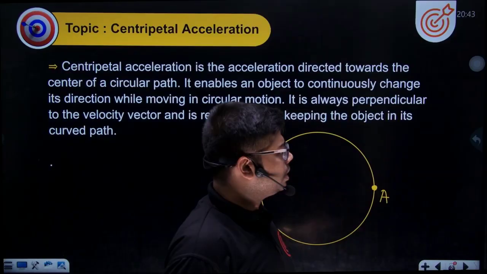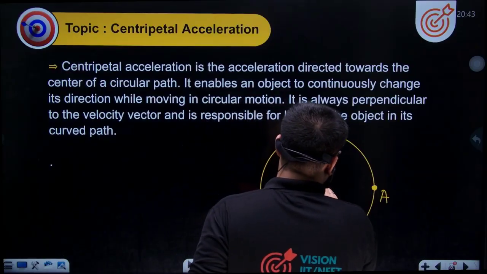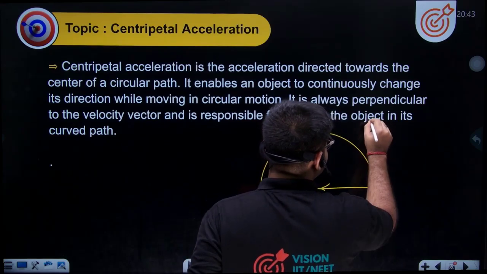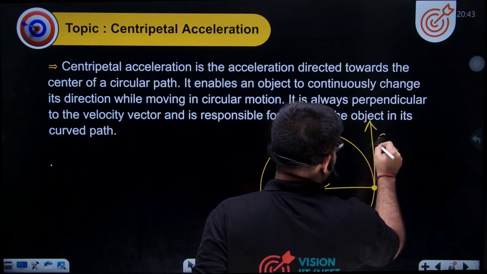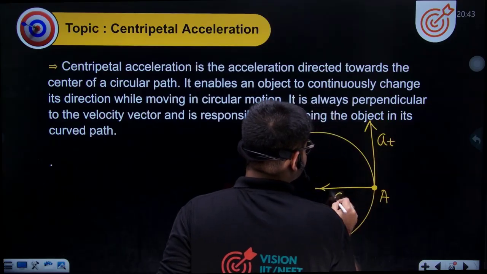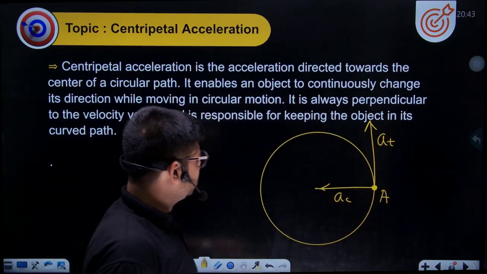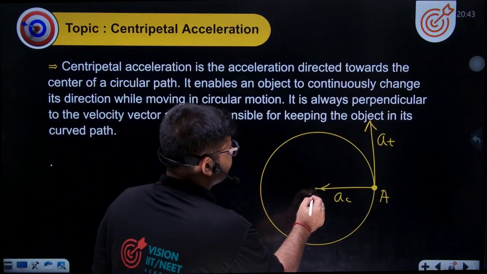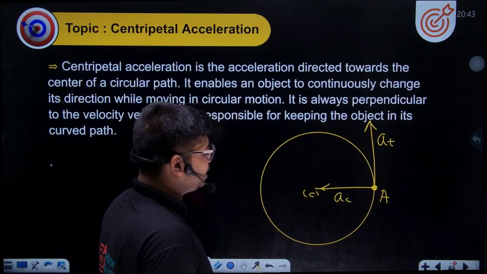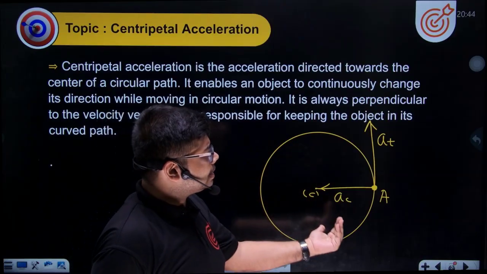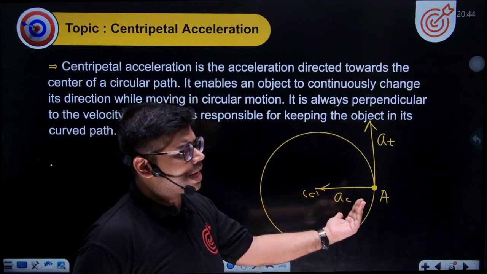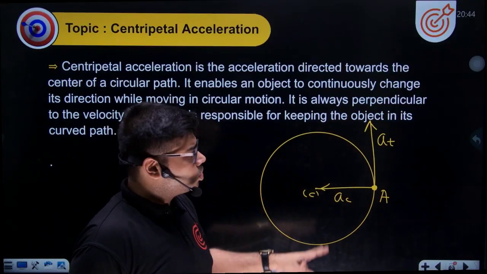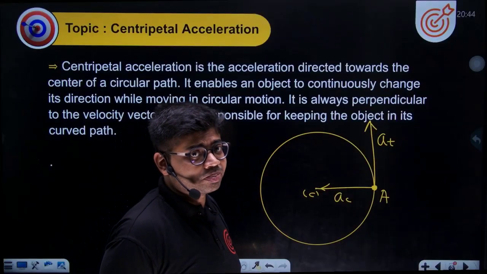One is called the centripetal acceleration and another is called the tangential acceleration. I will call this AT and this AC. Centripetal acceleration is always towards the center, point C. And the tangential acceleration AT is at a tangent to point A. Two accelerations will be acting here.